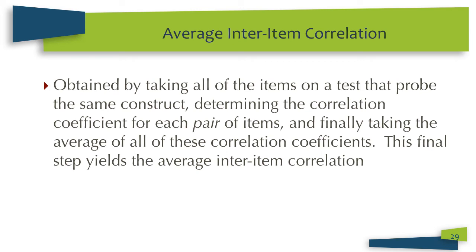Then you determine the correlation coefficient for each pair of items. So item number 1 with 2, 1 with 3, 1 with 4, then 2 with 3, 2 with 4, and then 3 with 4. So all of them pairwise, you determine their correlation, and finally you take the average of all these correlations. This average gives you inter-item correlation.